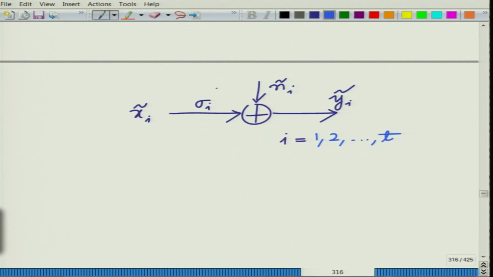And the sigma I, you can see what is this sigma I. This sigma I is basically the amplitude gain, right. The power gain will be gain in the power or the SNR will be sigma I square.